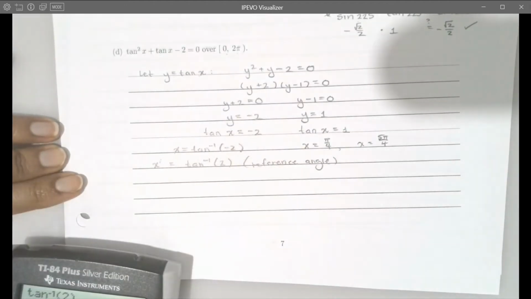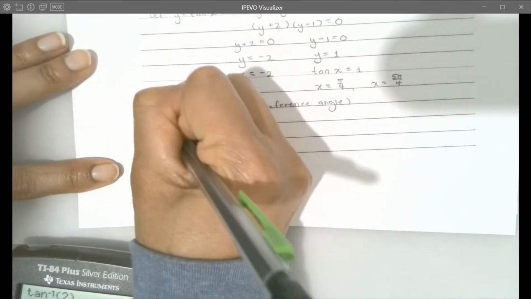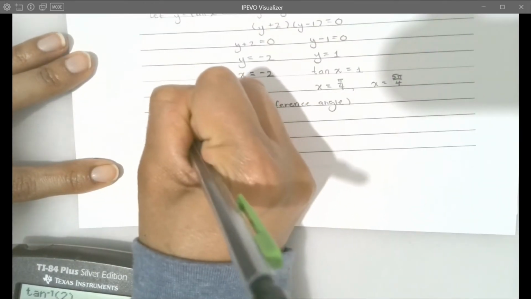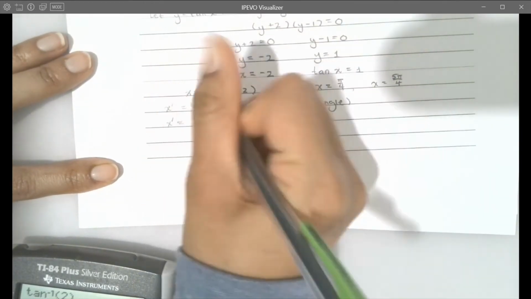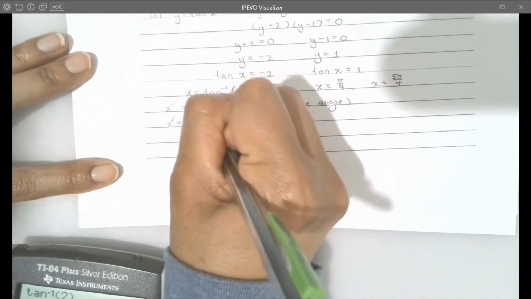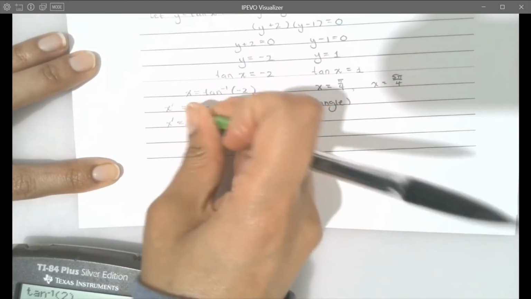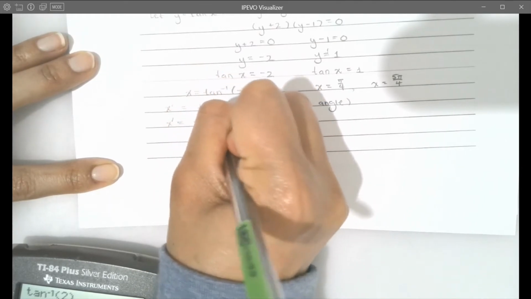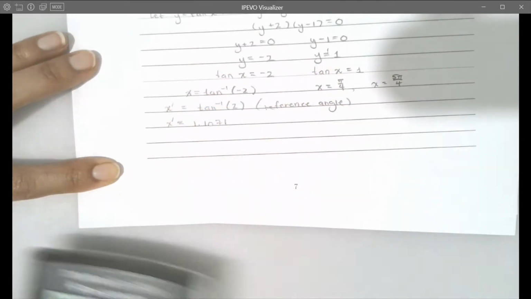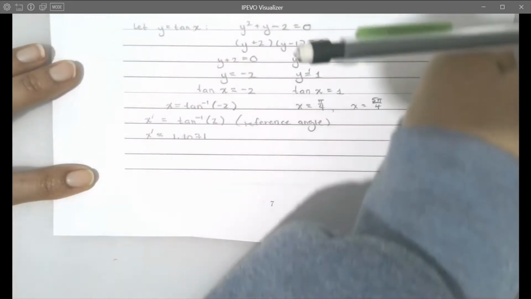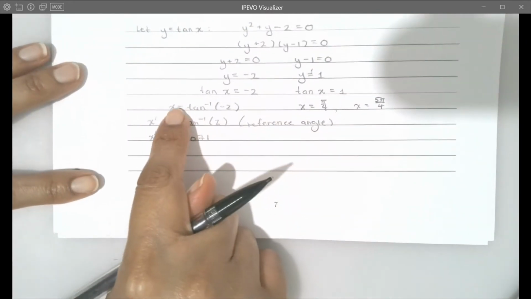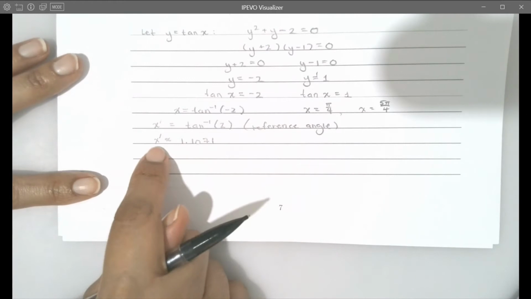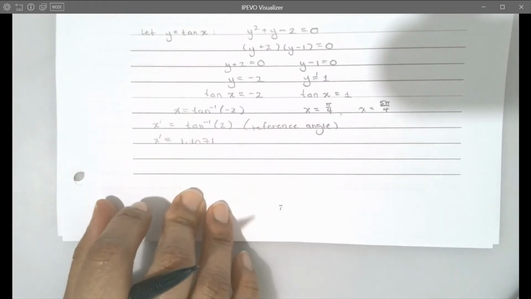Okay, so I'm going to round to the nearest 4 decimal places. Okay, and what does that mean about the angle x?